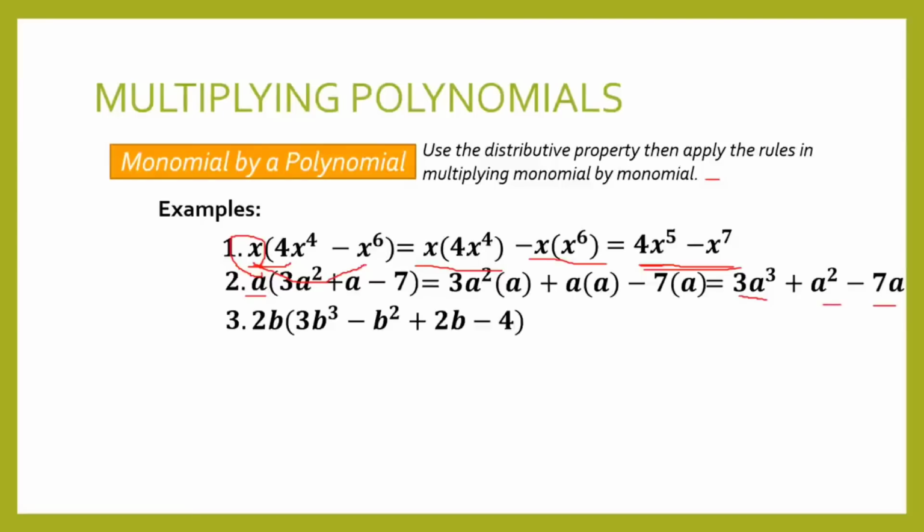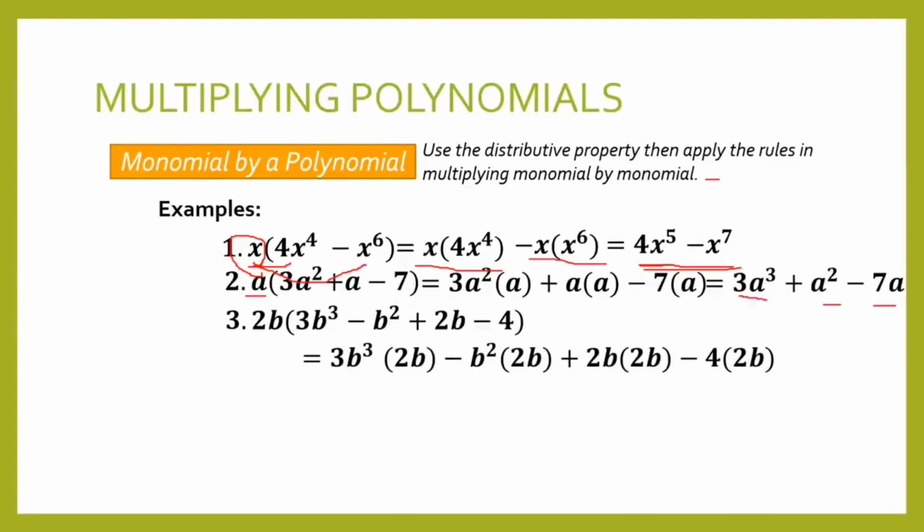For example number 3, we have 2b times the quantity 3b cubed minus b squared plus 2b minus 4. When we distribute the multiplier, which is 2b, and multiply, we have 6b raised to 4 minus 2b cubed plus 4b squared minus 8b.